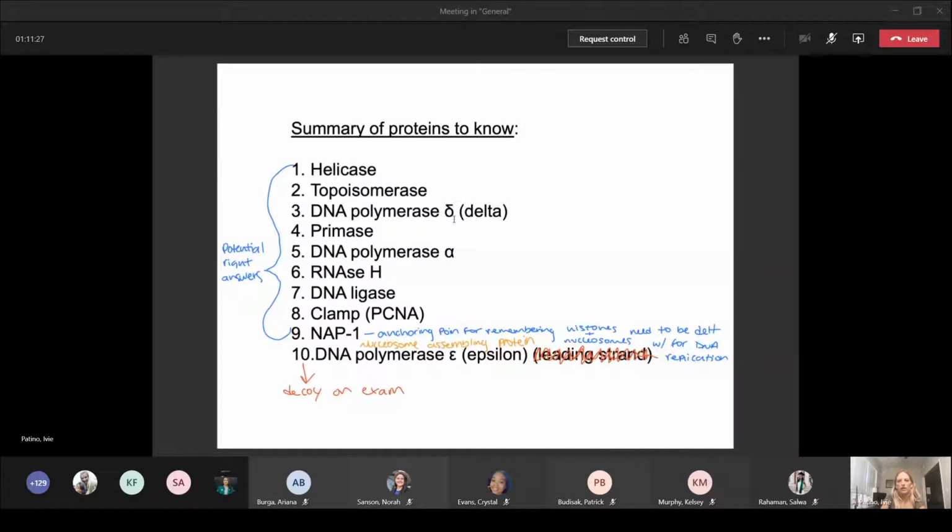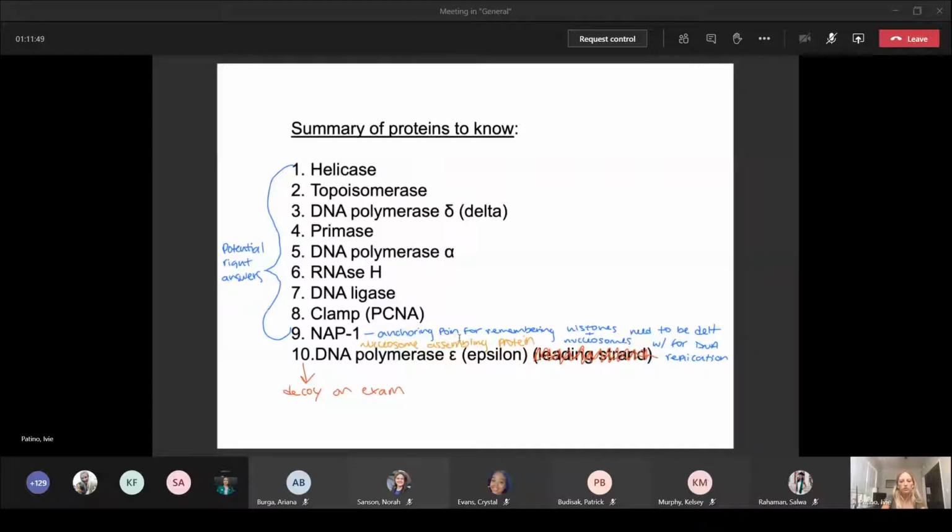Okay, here's our summary of proteins to know. So we know helicase, topoisomerase, DNA polymerase delta, primase, DNA polymerase alpha, RNase H, DNA ligase, PCNA. Don't worry about this clamp, it's PCNA. And then what we just learned about is our nucleosome assembly protein.